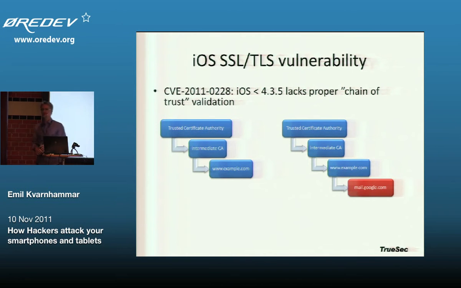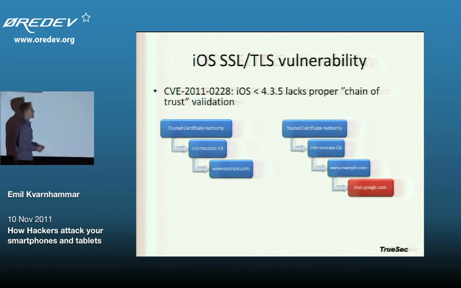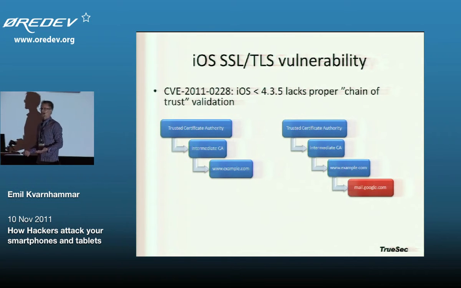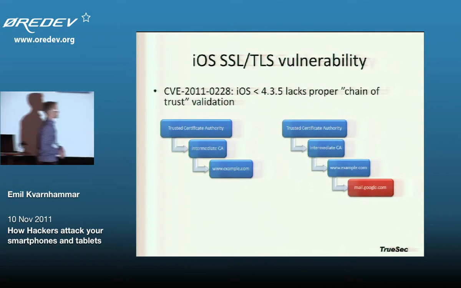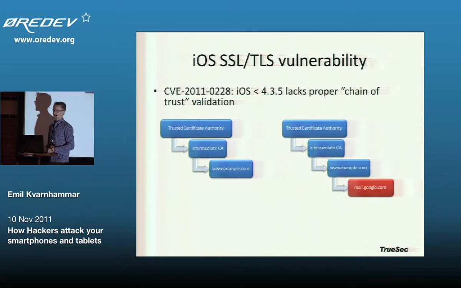The problem in iOS before 4.3.5 was that it didn't even check the basic constraints, the allowed usage of those certificates, which means you could take any approved certificate and make it sign new server certificates. And that's, of course, a big no-no in terms of PKI structure.